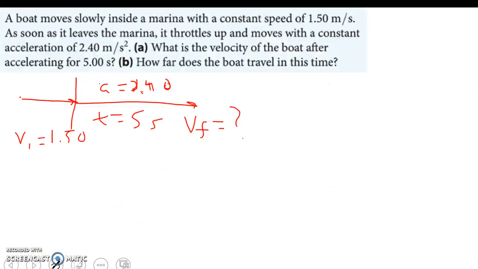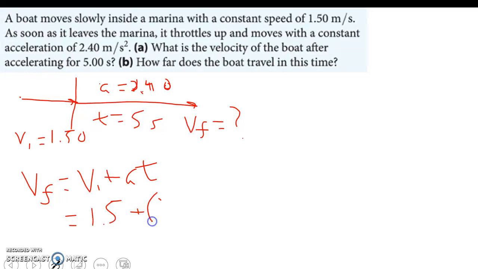I'm going to give you another equation that's going to come up: final velocity is initial velocity plus AT. Our initial velocity is 1.5 plus our acceleration of 2.4 multiplied by our time of 5 seconds.